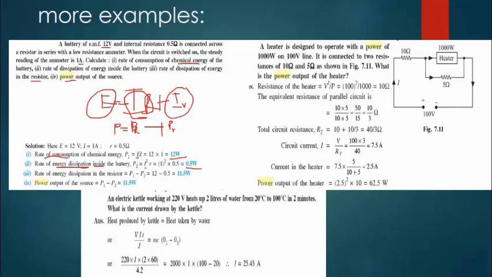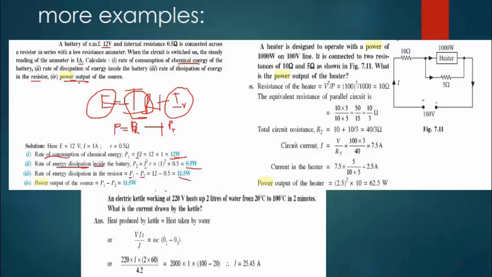So the rate of dissipation of energy in the resistor is equal to the total power produced minus that lost in the internal resistance. The total power we know is 12 watts, and the power lost as heat inside the battery is 0.5. So 12 minus 0.5, we get 11.5 watts.